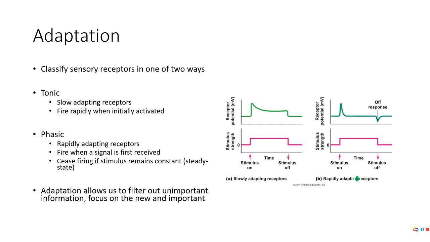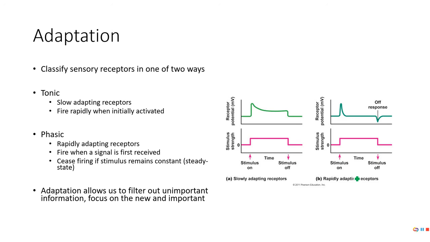However, if you take that shirt off, or if the shirt moves, you're more likely to notice it. The same is true of a ring or something like that. Eventually, you just get used to it. It's not new, it's not exciting, and so your body just doesn't really react to it. It doesn't pay attention to it.